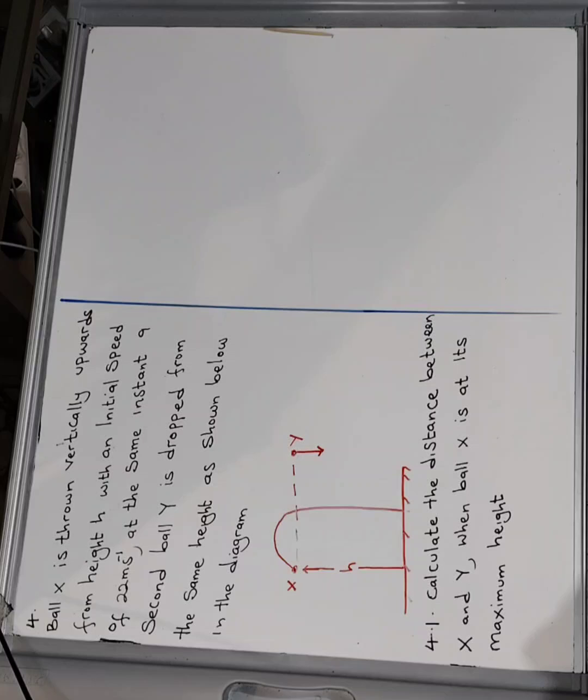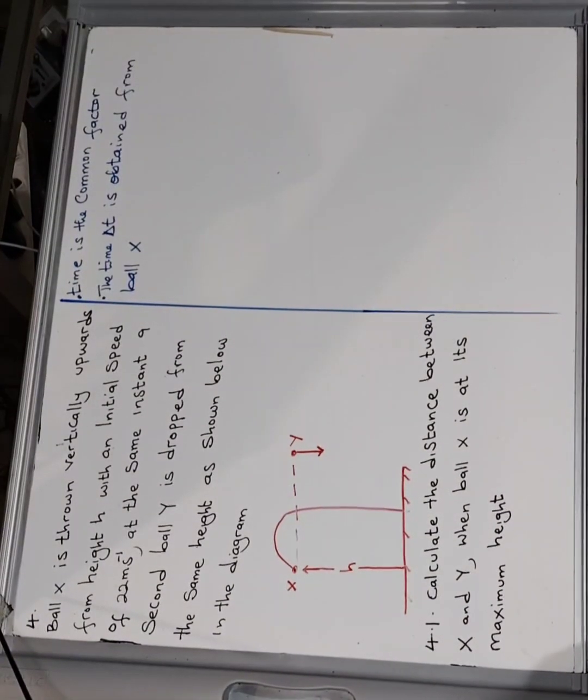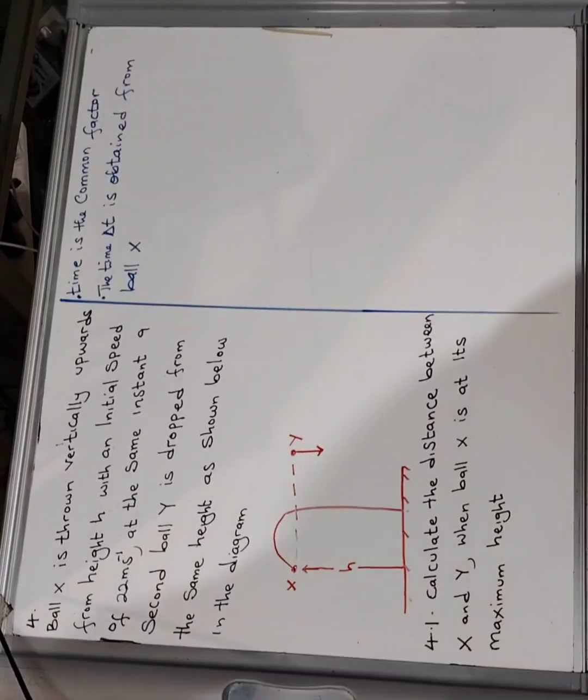Okay, let's start from there. So that's it. Time is the common factor, and that time is obtained from ball X. So let's look at all the variables which are going to give us time from ball X.